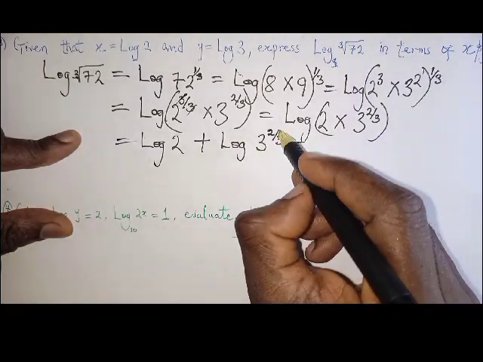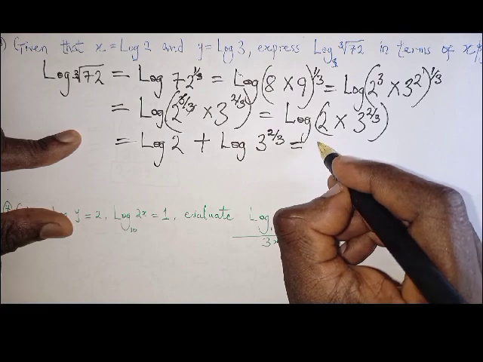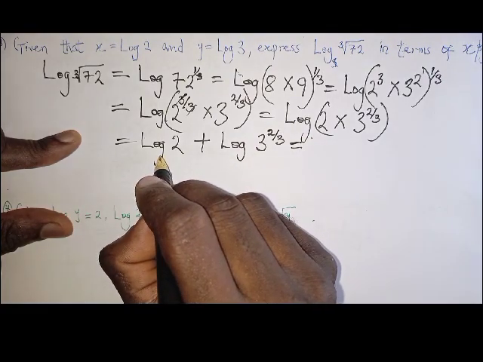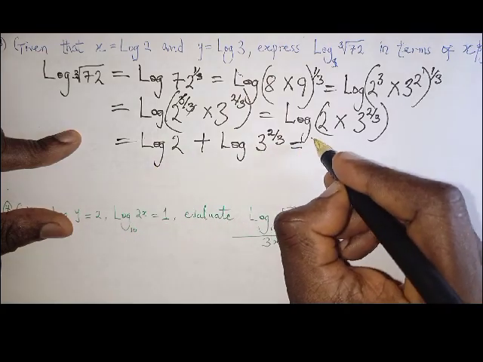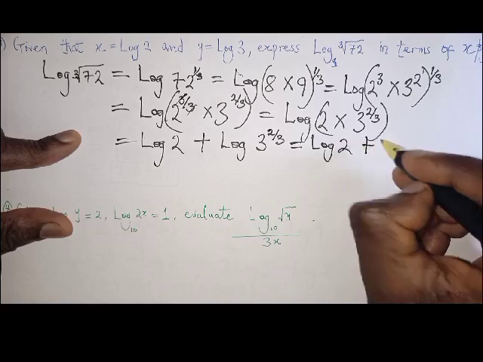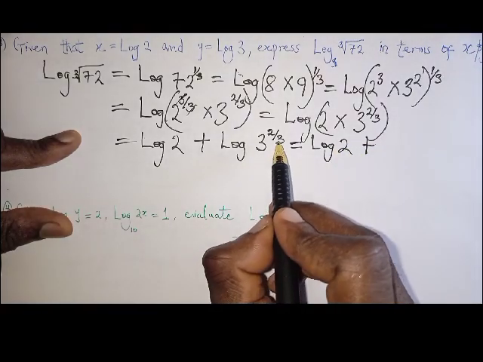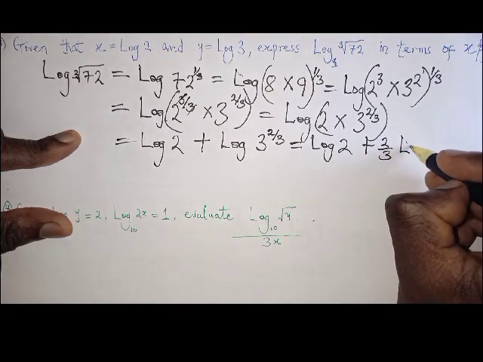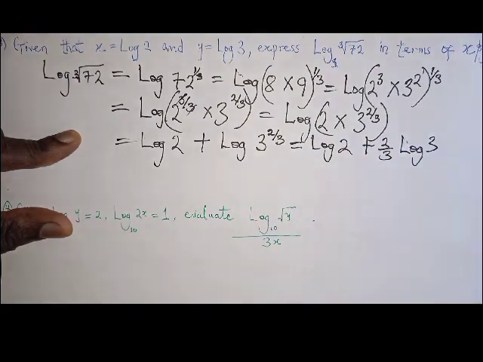And remember that we said log 2. Okay, before I do that, let me still break it down further. Log 2 plus, now this is going to be 2 over 3 log 3.